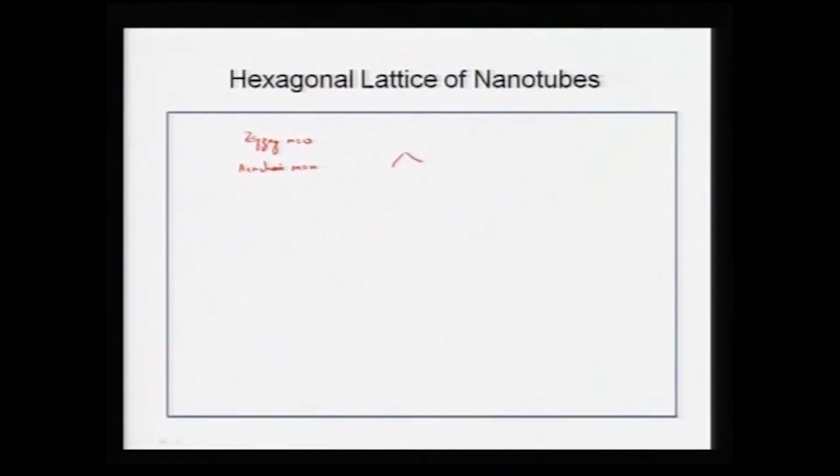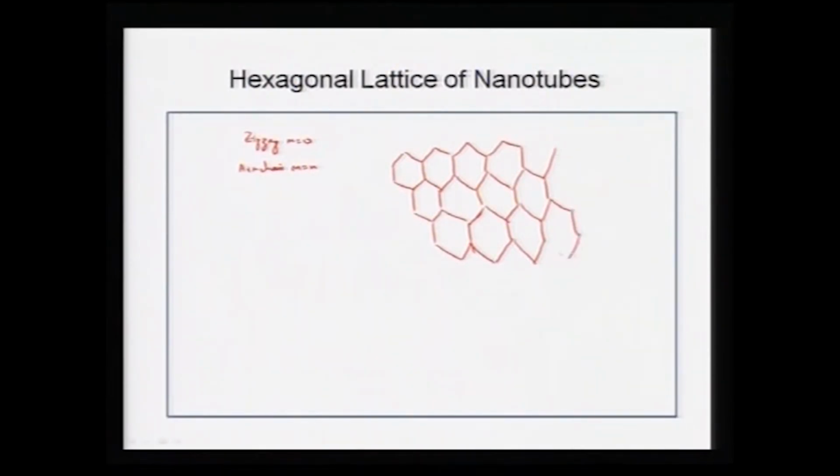So, if I get this lattice of the carbon nanotube layer, something like this.